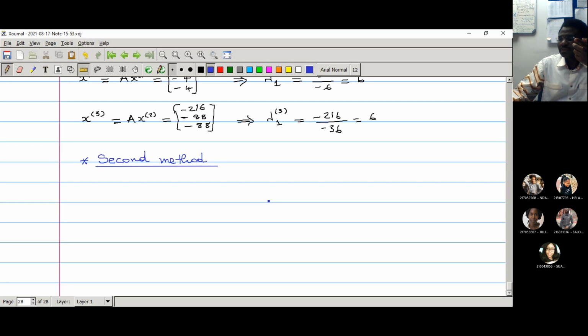We consider the x case and the c case. And the c case will converge towards lambda 1. Are we together? Yes, sir. Good.